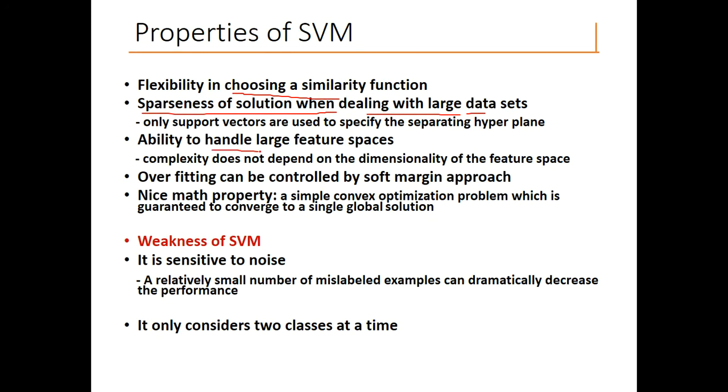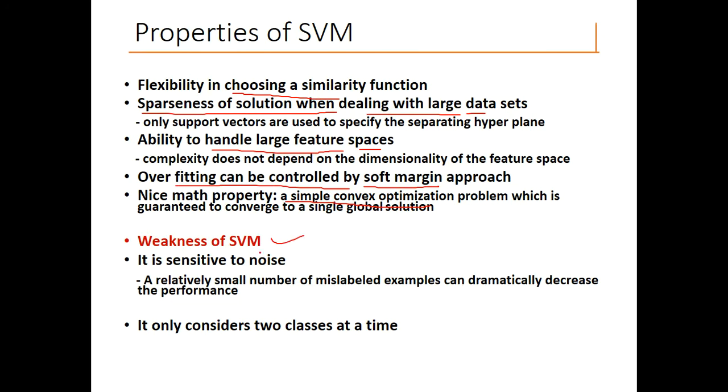So it can handle a large feature space also. Overfitting can be controlled by the soft margin approach, although I have not discussed this in this session. We also have a simple convex optimization problem, so it is easy to solve.